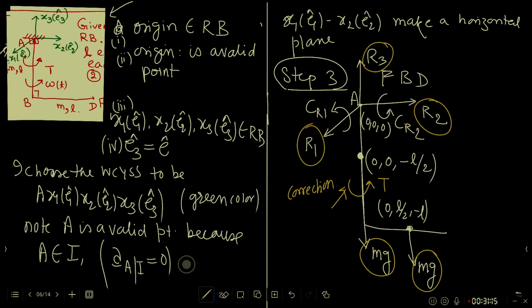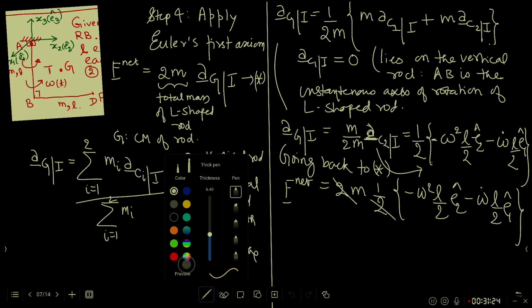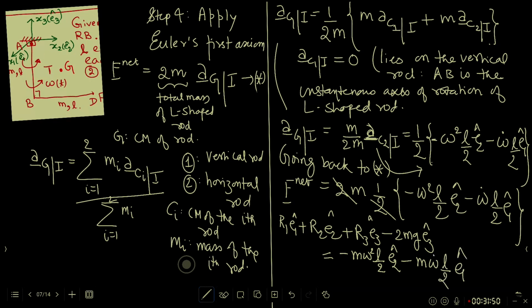So I am going to write F net as R1 E1 plus R2 E2 plus R3 E3 minus 2 mg E3. That is my F net, and that must be equal to minus m omega square L by 2 E2 minus m omega dot L by 2 E1.